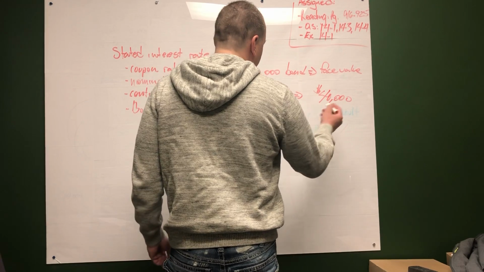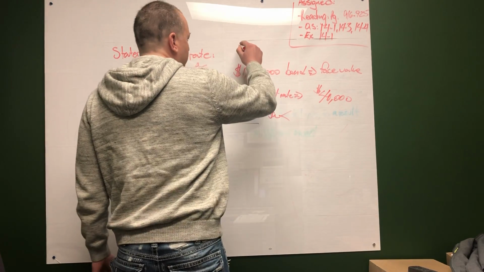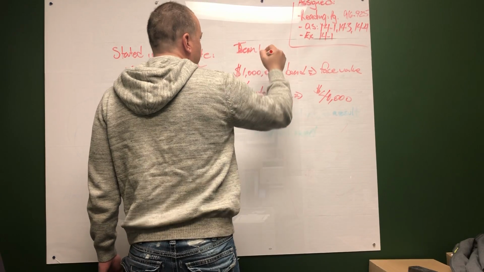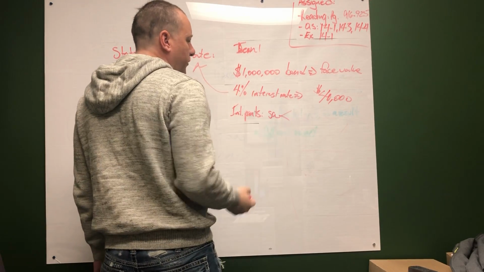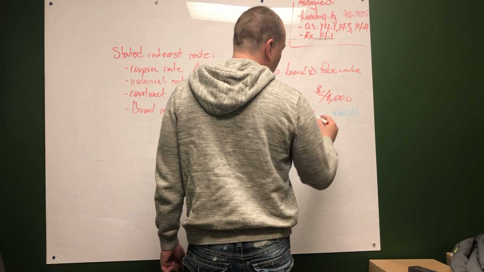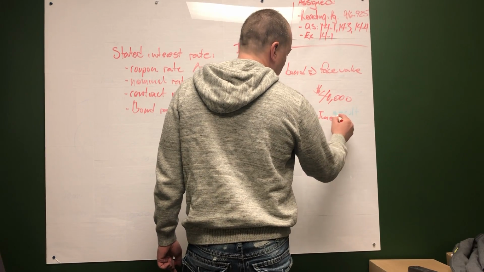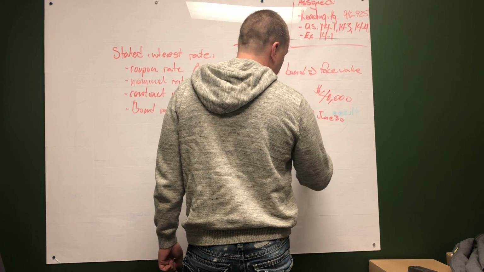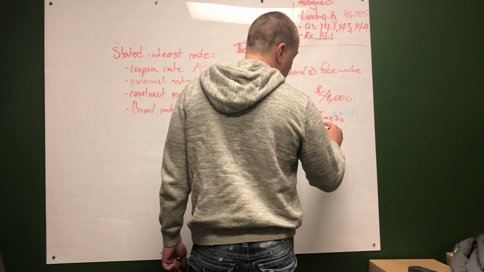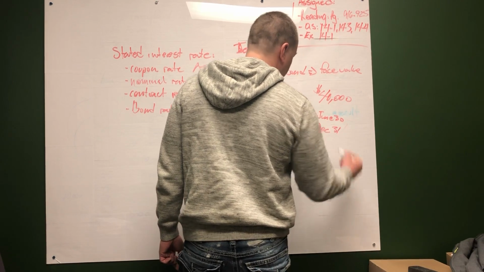So let's just say that we sold the bond on January 1. Okay. We're going to pay interest semi-annually. So we're going to make a semi-annual interest payment of $20,000 on June 30th, and we're going to make another $20,000 interest payment on December 31st.